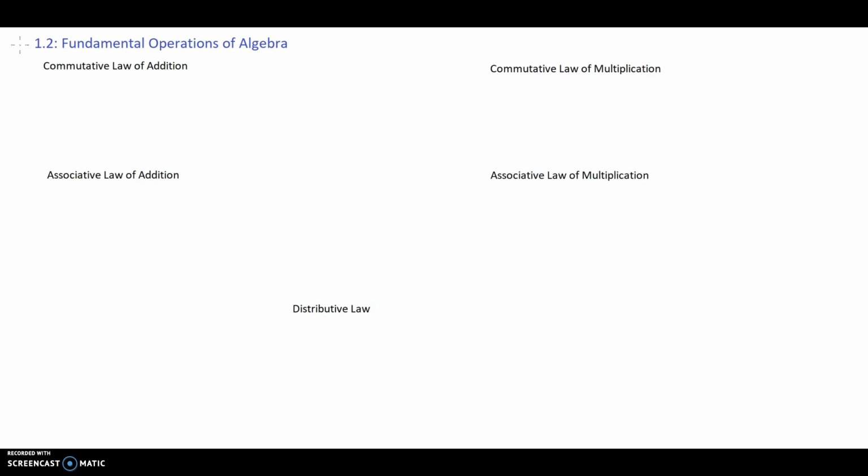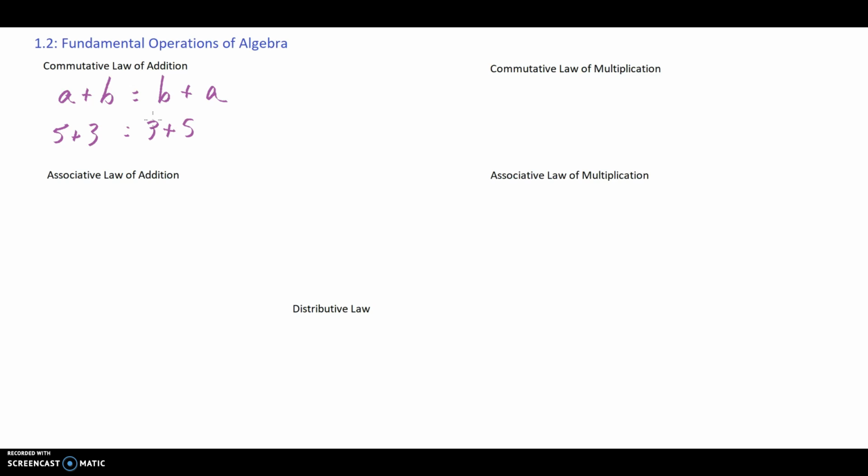So the commutative law of addition, and this basically states that A plus B equals B plus A. And that might seem quite simple and obvious, but basically this tells us that for addition, we can add in either order and we still achieve the same result. Okay, so you can even look at an example numerically and see that something like 5 plus 3 is equal to 3 plus 5. Addition works in either order.